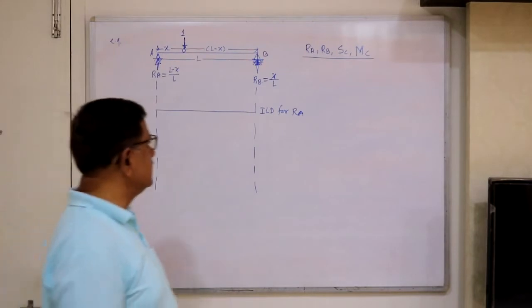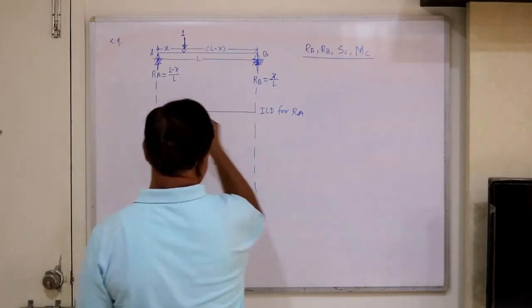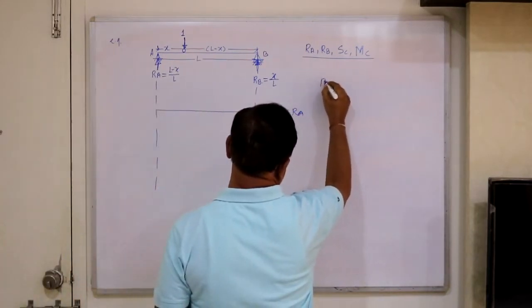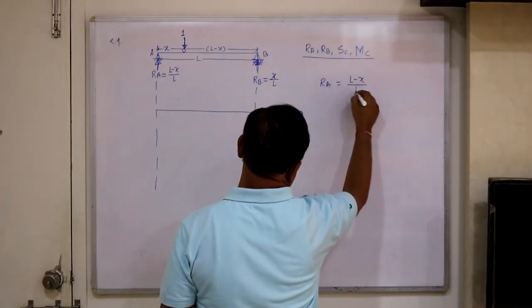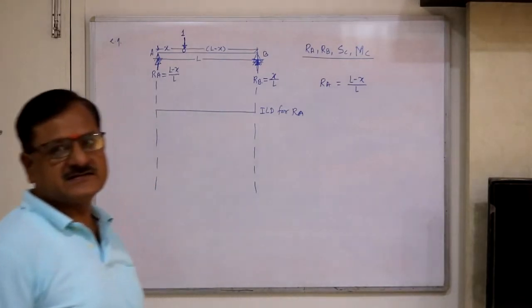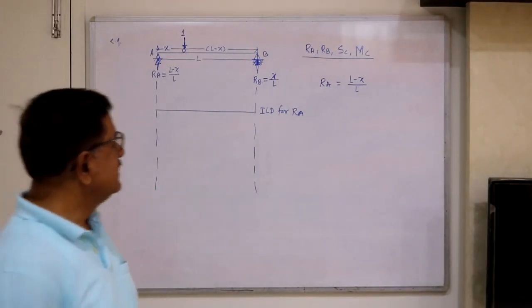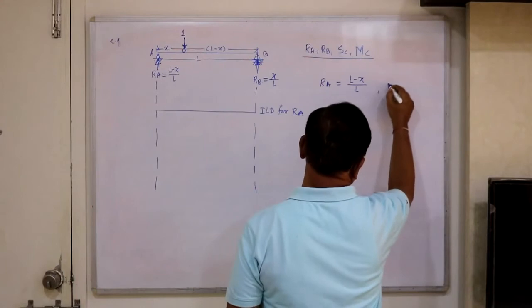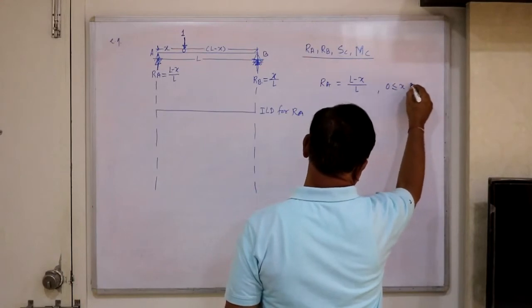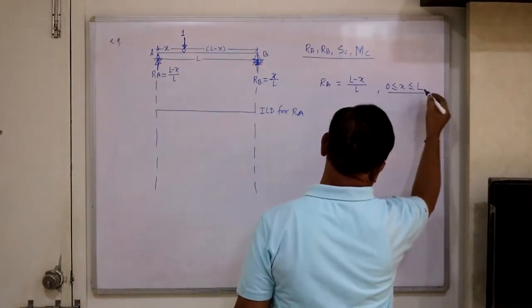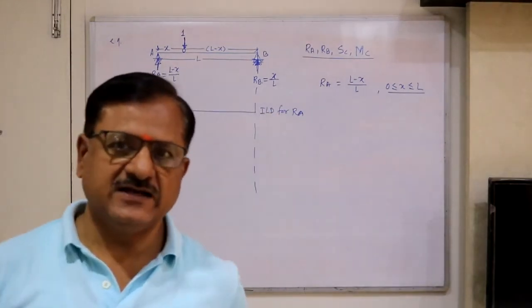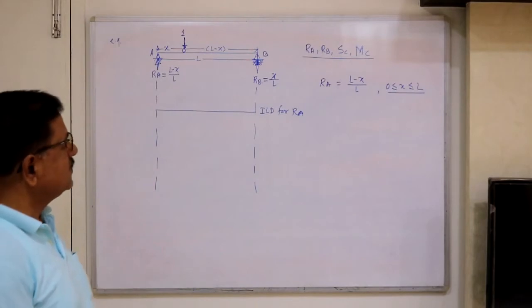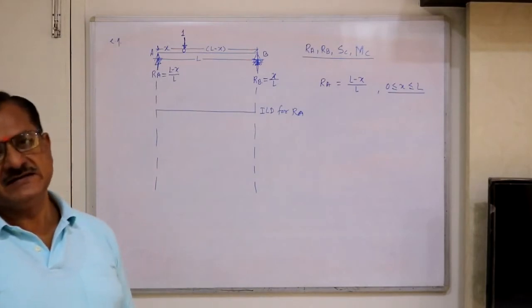So RA is equal to (L minus X) divided by L, applicable for 0 less than or equal to X less than or equal to L, that is, X equal to 0 minimum and X equal to L maximum.